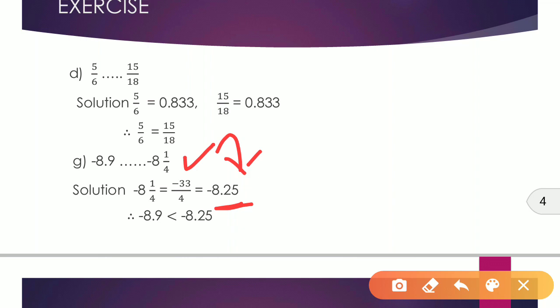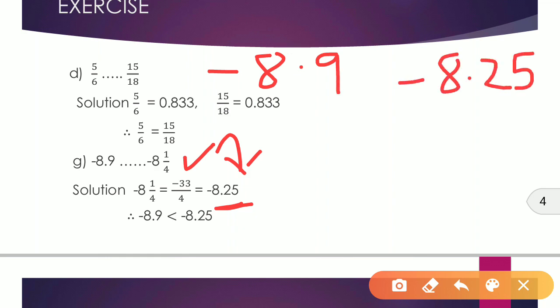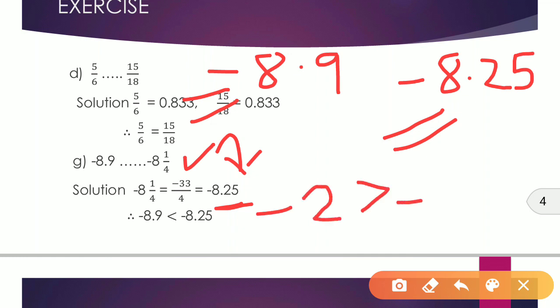Now you compare the numbers. First number is minus 8.9 and second number is minus 8.25. Both are with the negative sign. So which number will be greater? In the negative numbers, minus 2 is always greater than minus 3. Clear?